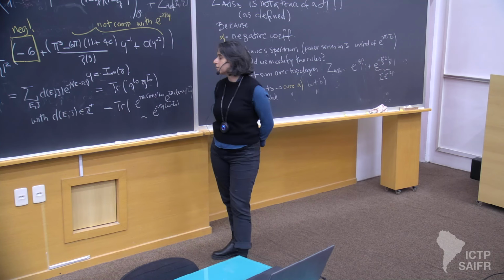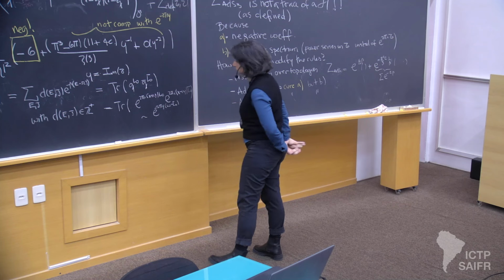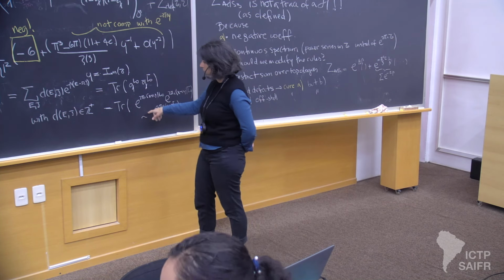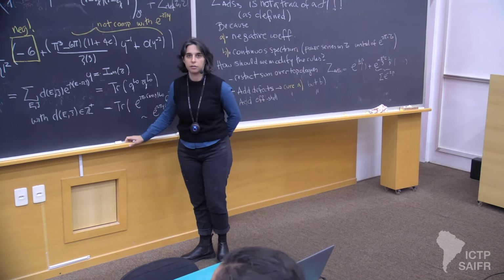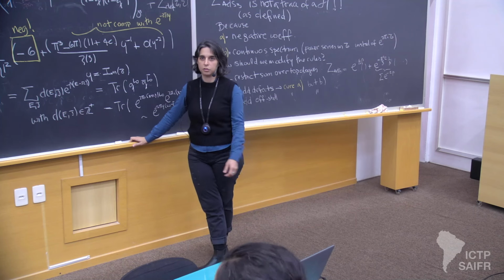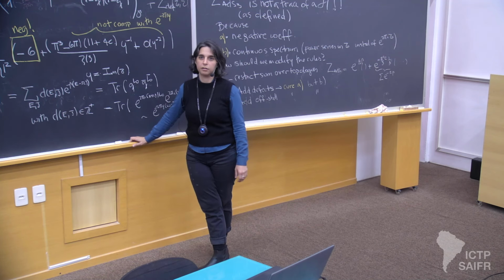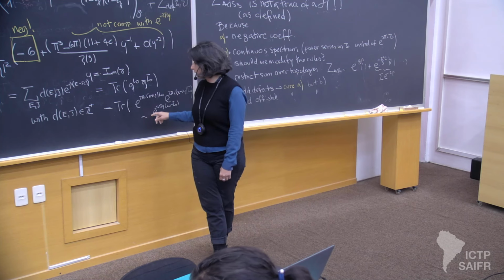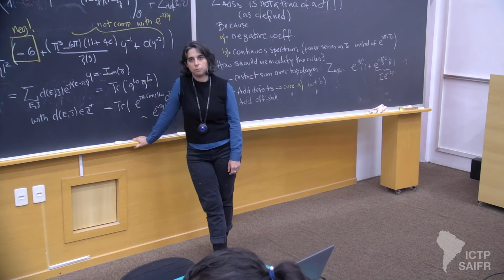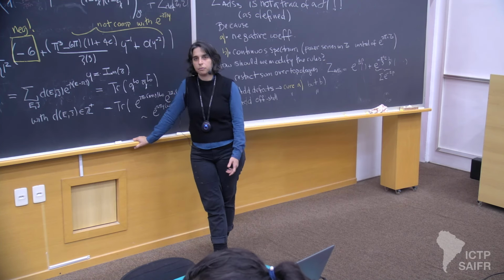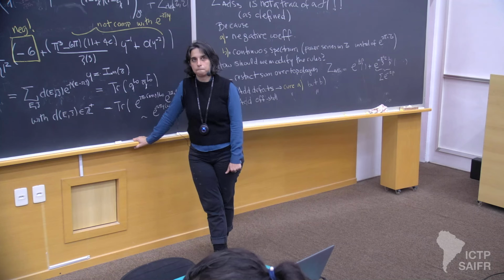If you insist on doing a decomposition in terms of these exponentials, the problem is that the coefficients are not going to be integers. They're going to be ill-defined, looking like weird functions. The density of states that you will infer is not compatible with a discrete spectrum. That's all.